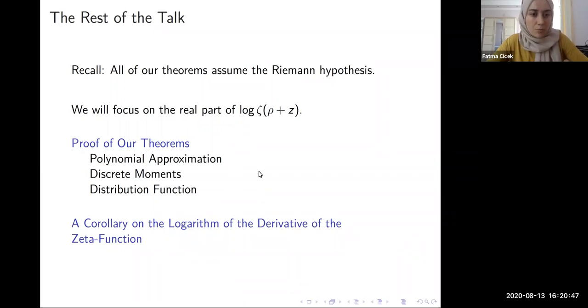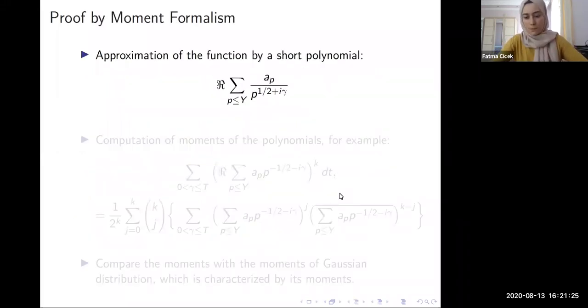First, a polynomial approximation of the real part of the logarithm, then how to compute discrete moments of those polynomials, and then how to find the distribution function of the real part of the logarithm or the real part of a Dirichlet polynomial. Finally, I'll make some concluding remarks, which include a corollary on the logarithm of the derivative of the zeta function.